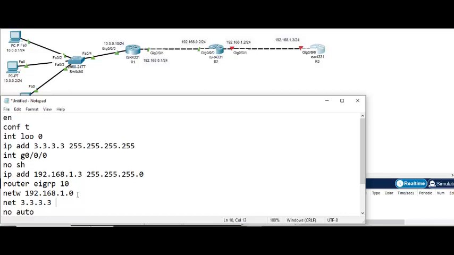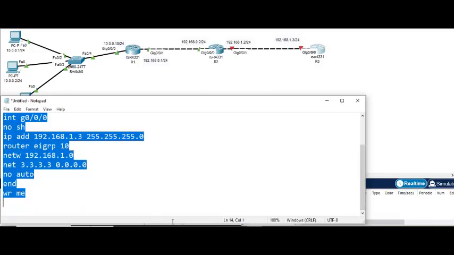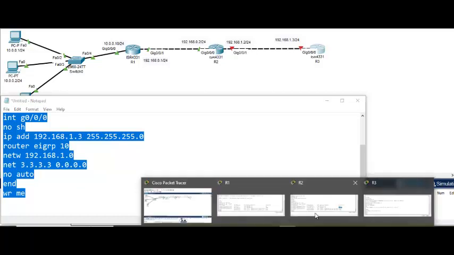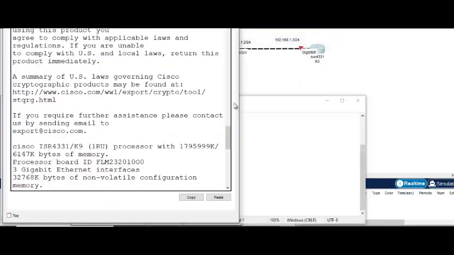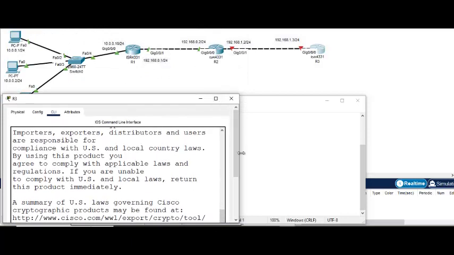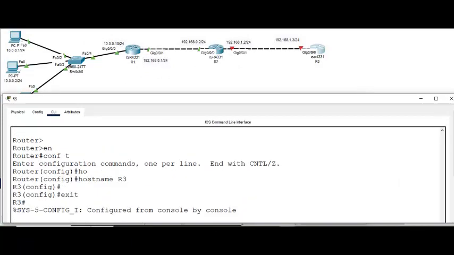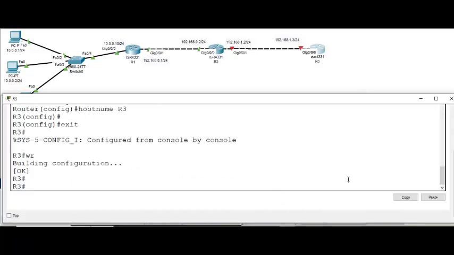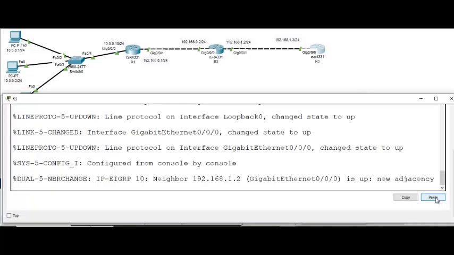This goes on router 3. All right. So what we are expecting is from router 1, I should ping the loopback interface of router 3.